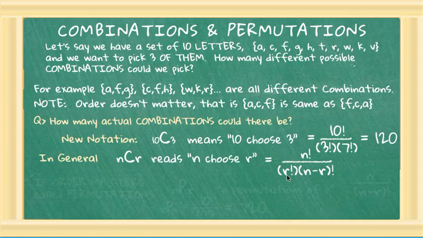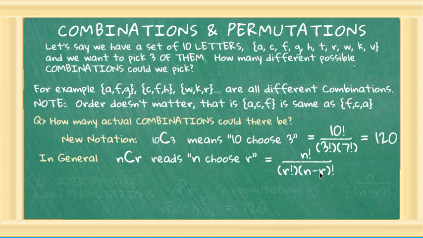Underneath we have R factorial, the size of the group, times N minus R factorial. That's where the 7 came from in the example above. I'm choosing 3 out of 10, so it's 10 factorial over 3 factorial times N minus R, or 10 minus 3, which was 7 factorial.